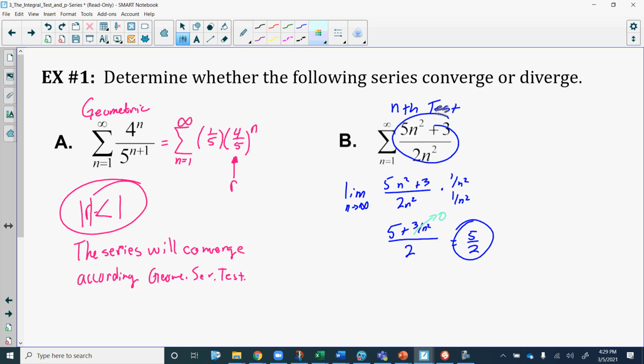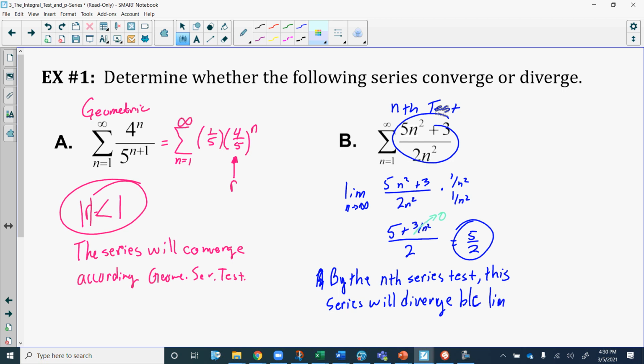Well, by the nth term test, this series will diverge because the limit as n approaches infinity was not equal to 0.